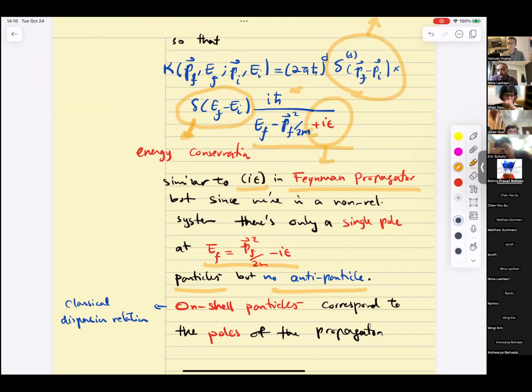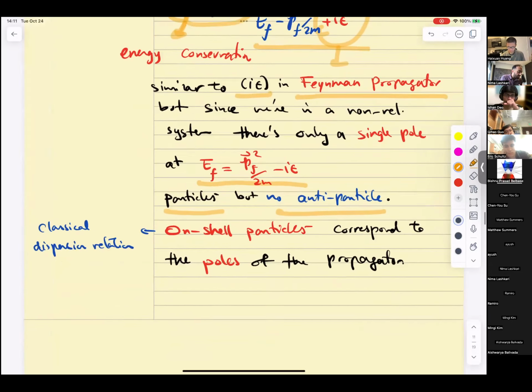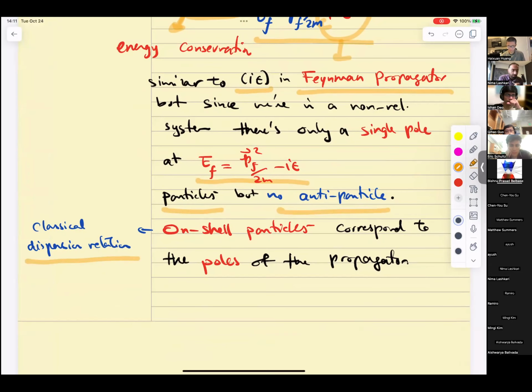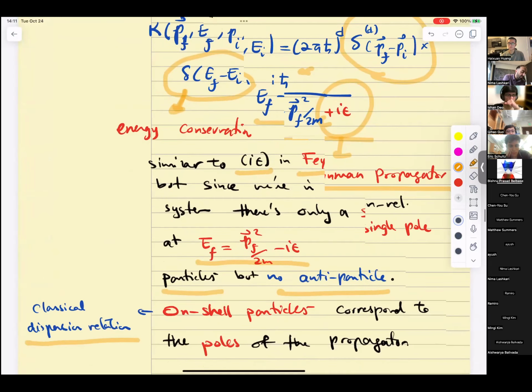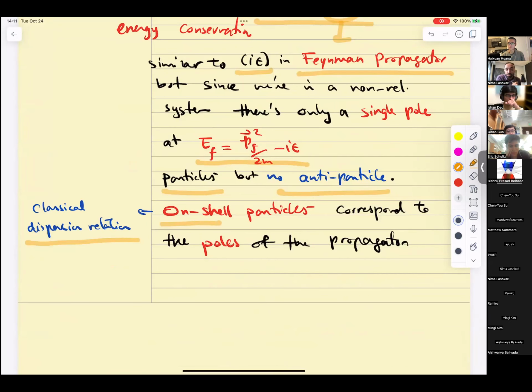In the problem we were solving earlier, there was a pair of particle and antiparticle, and they both appear as two poles in the integral. Here, there's only one solution. So the classical dispersion relation, which is when Ef is pf squared over 2m, is called the on-shell condition, and it appears as the pole of the propagator.